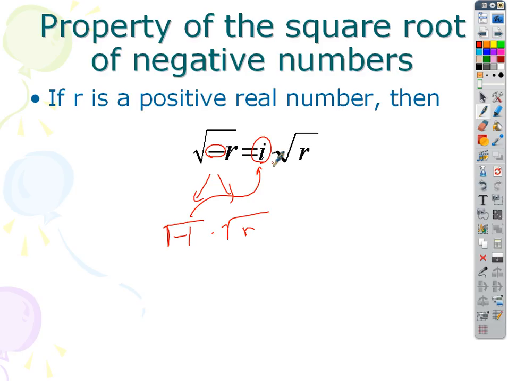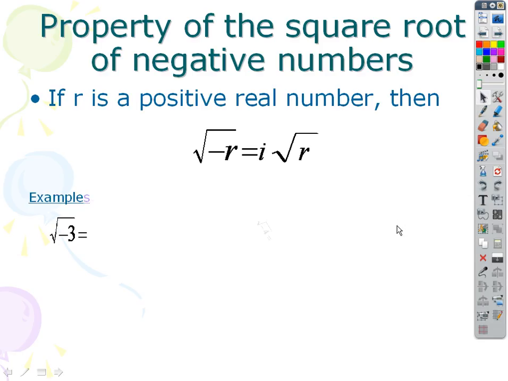Whenever we see the square root of a negative number, we can just factor out the square root of -1, and we know right away that's going to be an i. What we're left with is the normal old square root of a positive number that we'll deal with just like we did in section 3. We can simplify it if we want to, but that's what we get. So the square root of -r is just i times the square root of positive r.